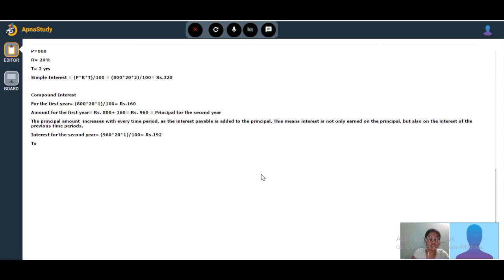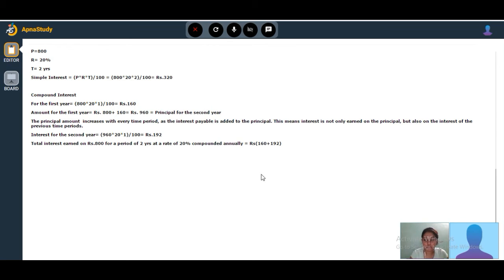So the total interest earned on rupees 800 for a period of 2 years at a rate of 20% compounded annually is equal to rupees 160, which is for the first year, and 192, which is for the second year.